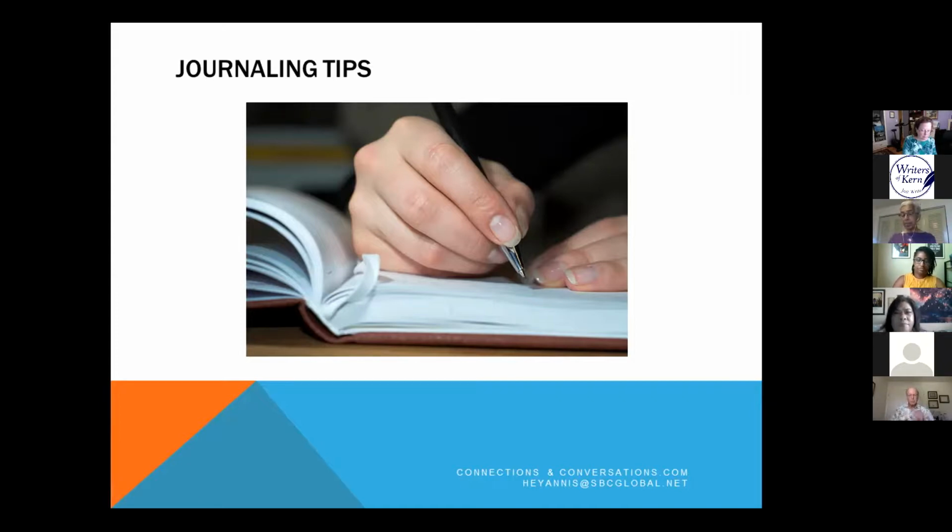So if there are world events going on or if something is going on locally, you're going to the state fair, something new is opening, the Bakersfield Art Museum is just opening an exhibit, whatever's going on at the time, it is a good thing to be able to put that in the journal too, to give it some perspective, even if it's like the weather or some other newsworthy event.